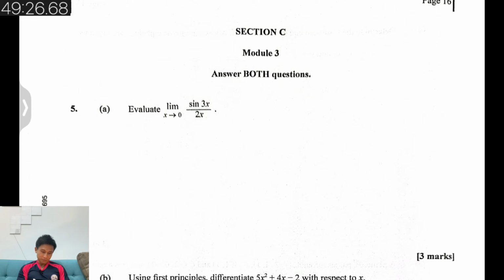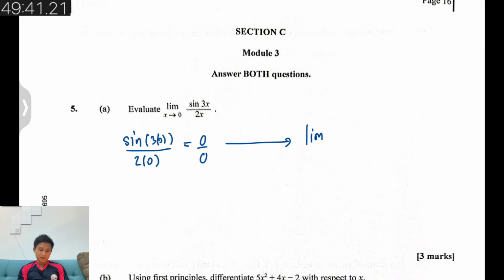So first we show that sine of 3 times 0 divided by 2 times 0 is 0 over 0, so we use L'Hopital. That means the limit of x going to 0 of that over that. Well, we differentiate the numerator and denominator, right?